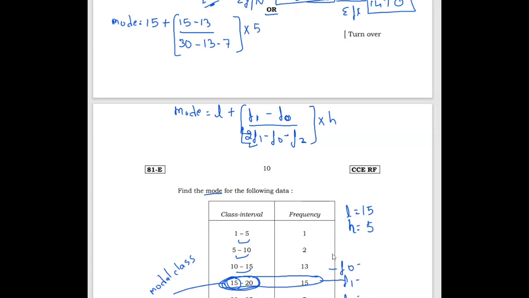Now, according to BODMAS rule, first clear this. So 15 plus, 15 minus 13 is 2. In the denominator, 30 minus 13 is, oh sorry, it is 17.